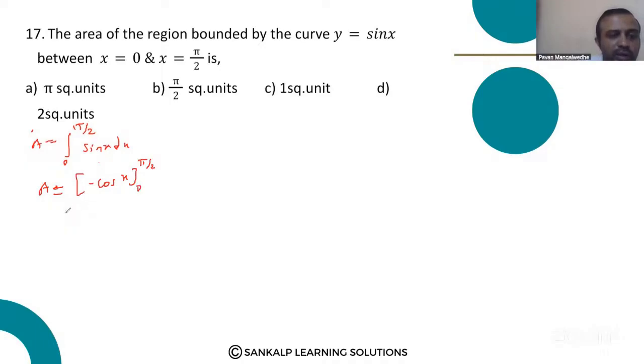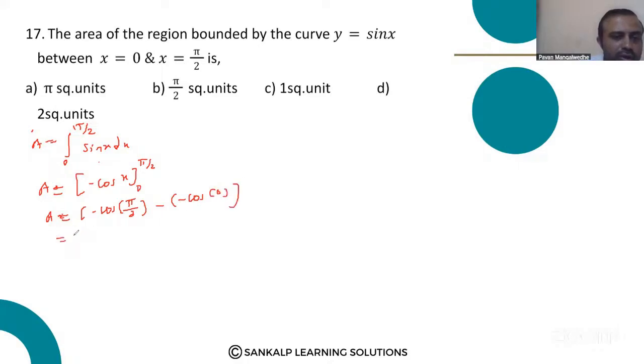Applying the upper limit and lower limit, A is equal to minus cos of pi by 2, minus of minus cos of the lower limit, that is cos of 0.